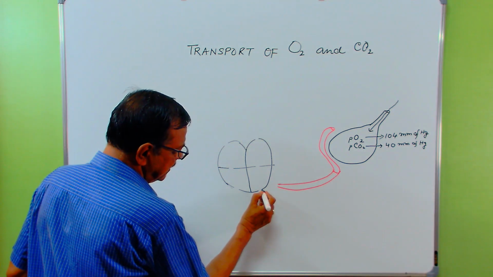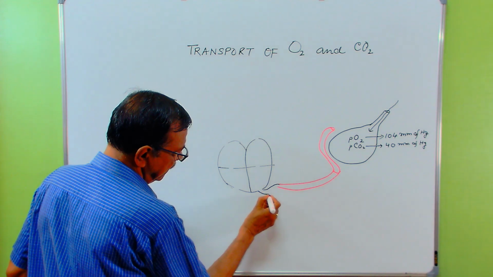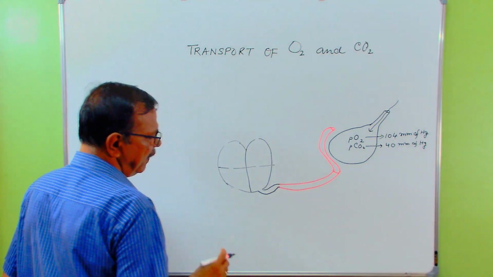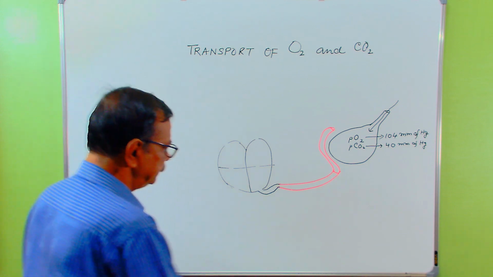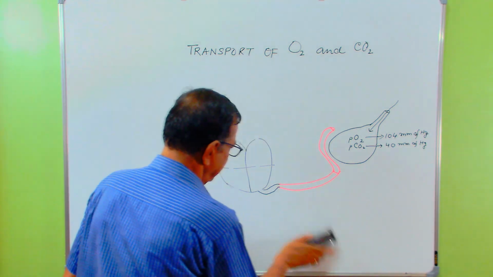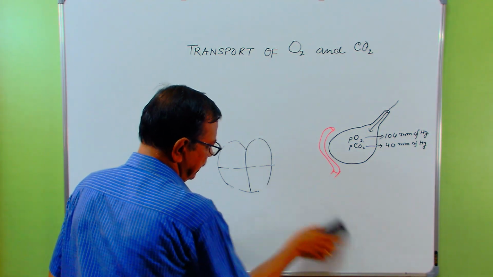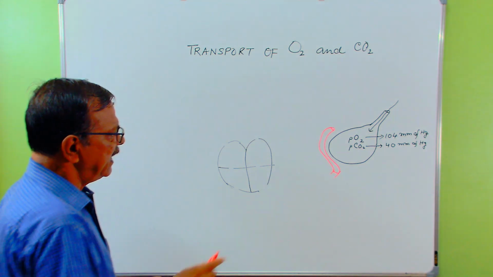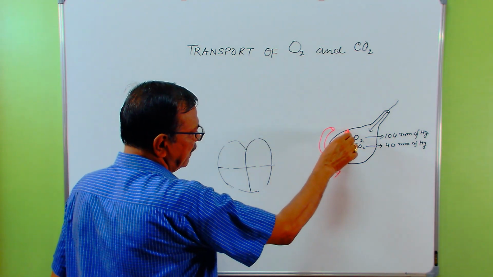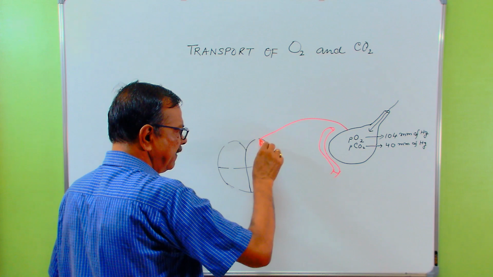So this heart carries this oxygen. So here the difficulties is that it forms a capillaries and capillaries unite to form a vein.